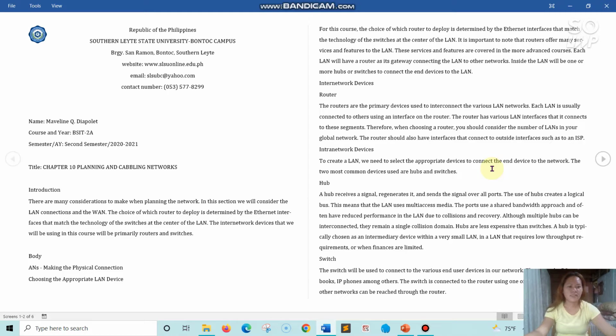Hubs are less expensive than switches. A hub is typically chosen as an intermediary device within a very small LAN, in a LAN that has low throughput requirements, or when finances are limited.